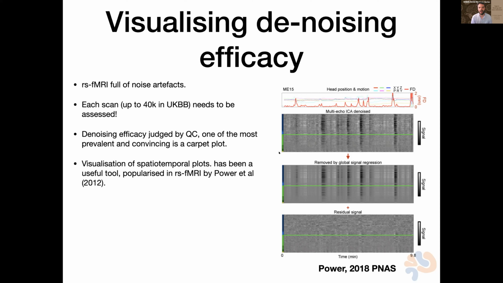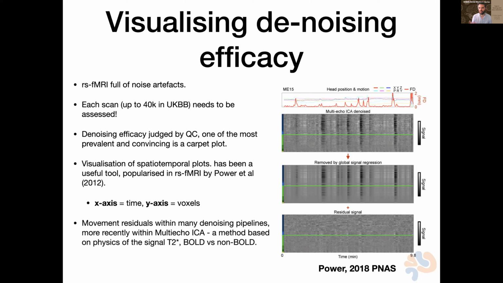What is shown in these plots is that even if you use the most sophisticated pre-processing pipeline with the most sophisticated imaging modality, you do see residual effects of these very large, whopping big bands of activity. They all seem to be time locked with these motion measures, which is FD, frame-wise displacement.